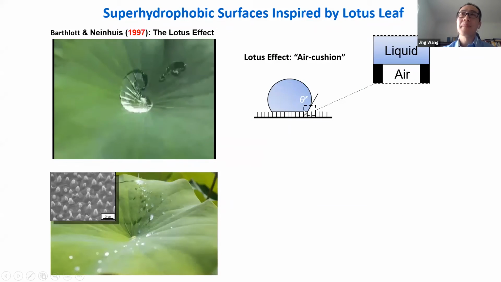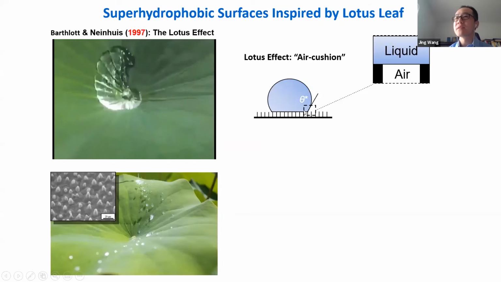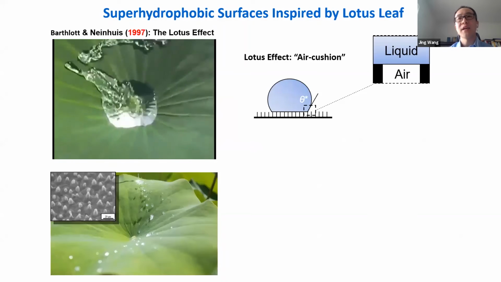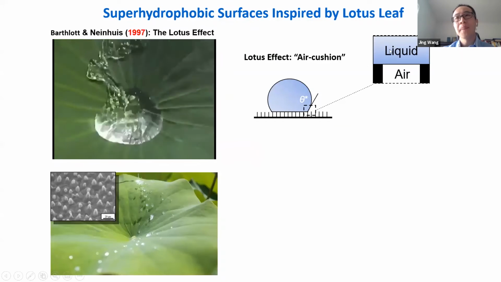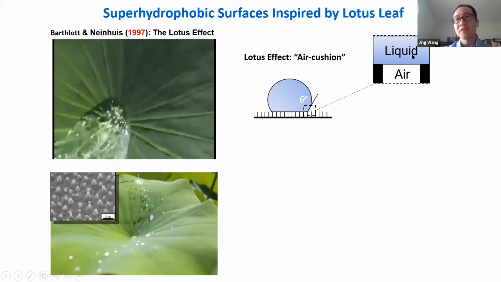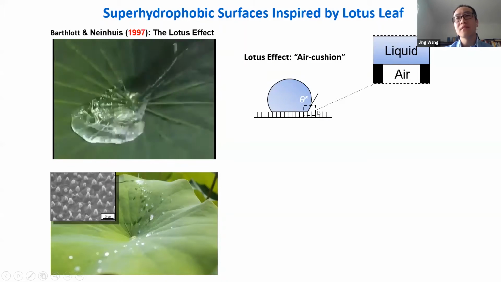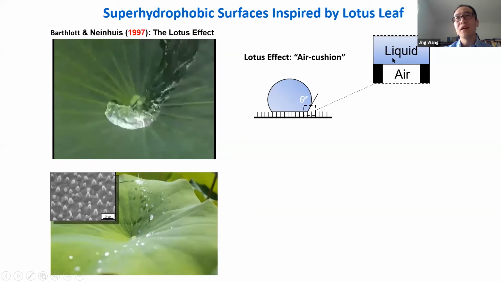These nanostructures greatly reduce the contact between the liquid and solid and replace it with a liquid-air interface. So at this three-phase composite interface of liquid, air, and solid, the friction and adhesion are greatly reduced.